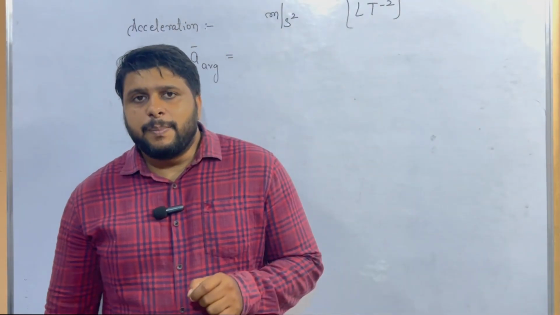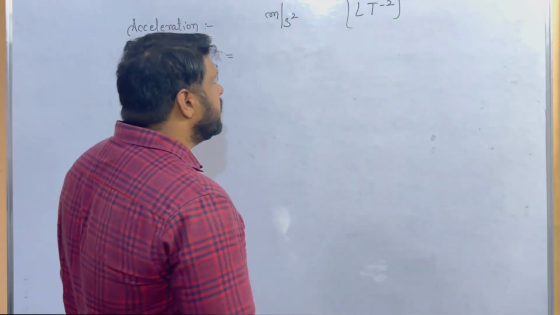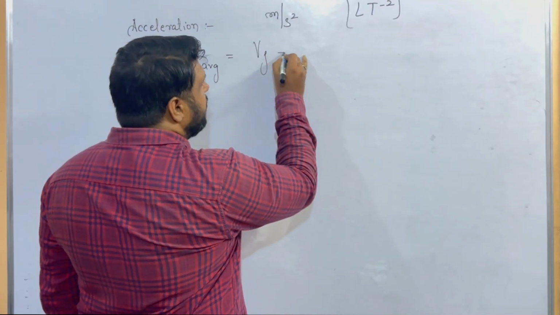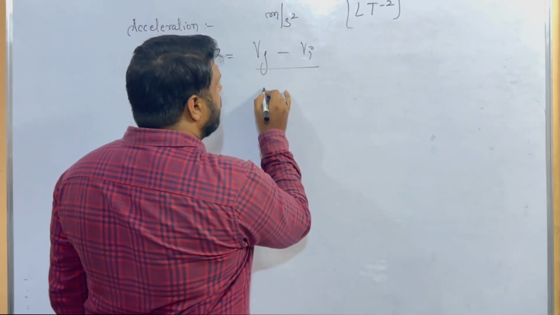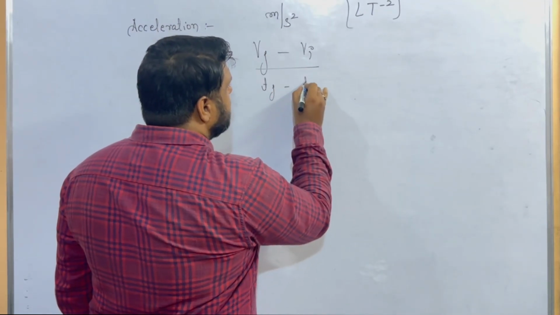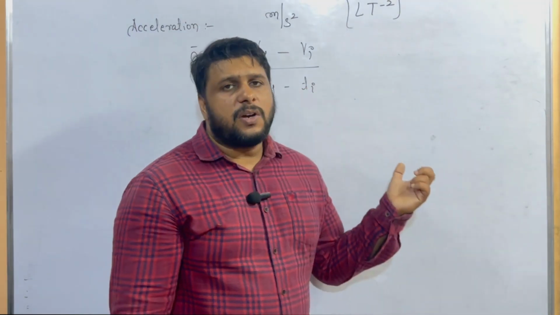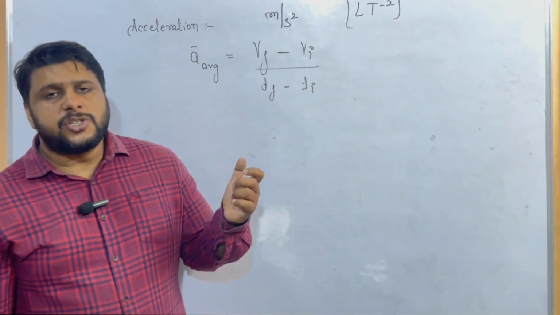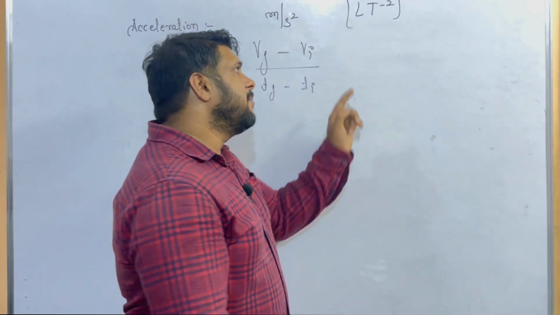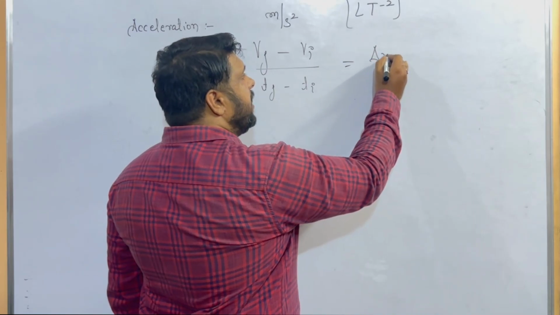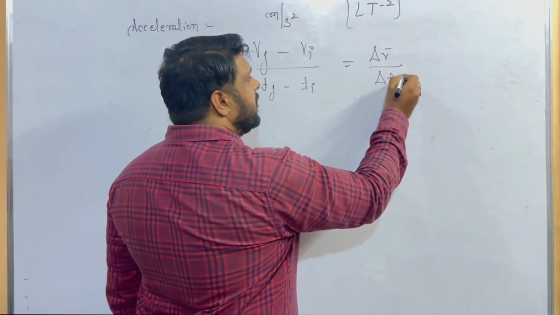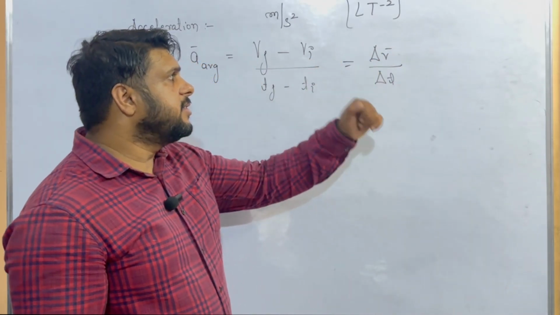It is again simple: final velocity minus initial velocity upon final time minus initial time. So this gives us the value of the average acceleration. It can again be written as del V by del T.